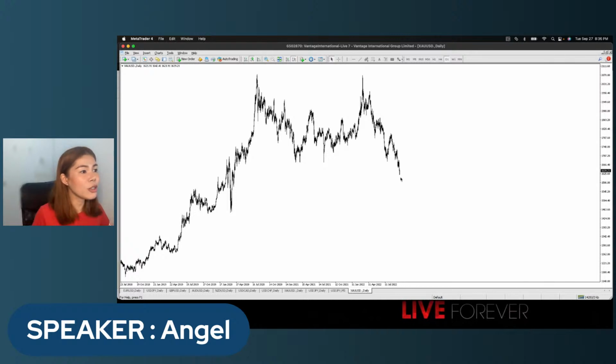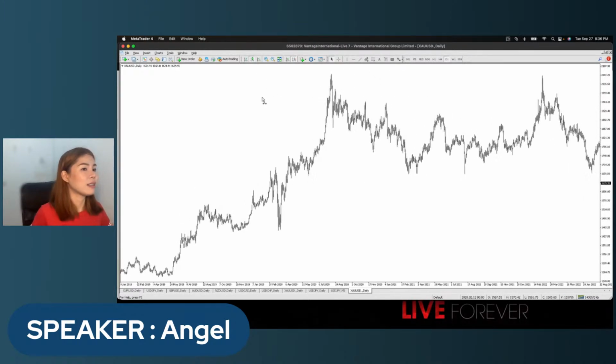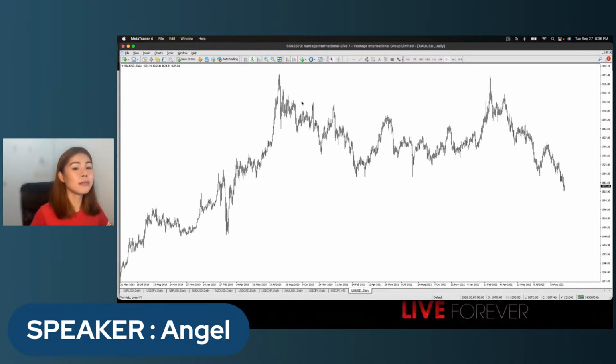But I wanted to see how low this could go. So if I wanted to see how low this can go, I would look for the previous trend. The previous trend is actually over here.